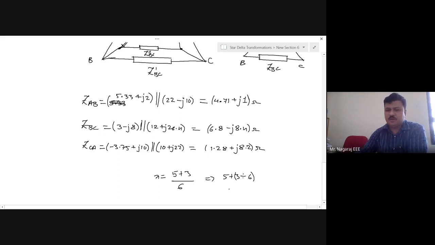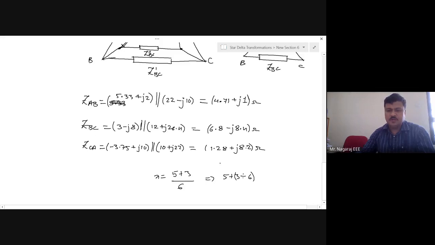Some calculators will take it like this, some like that. So whenever there is a division or multiplication, it is always better to have brackets. This is a common error we observe in calculator operation.